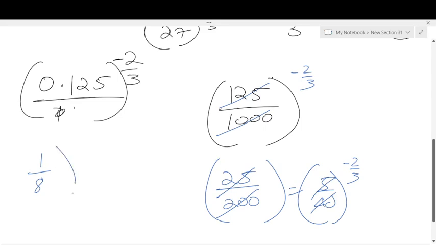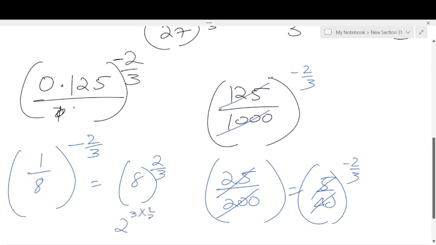So what about the power? What's the power we had? Minus 2 by 3. Now what do you do with minus 2 by 3? 8 to the 2 by 3. What is 8 to the 2 by 3?